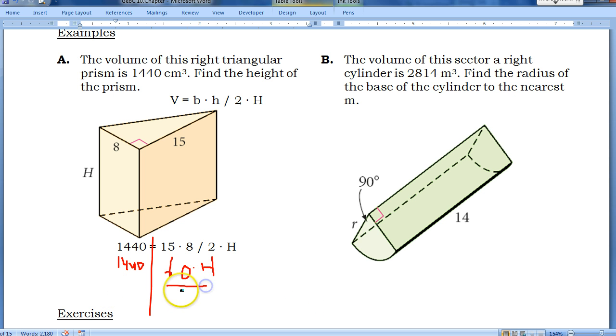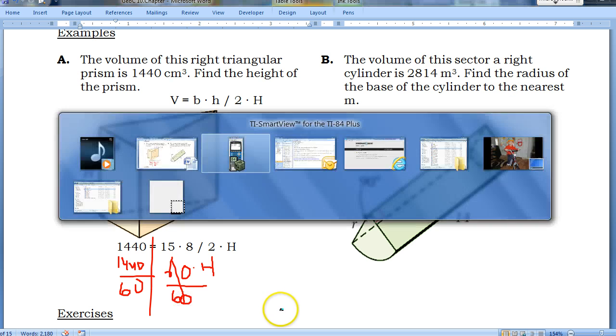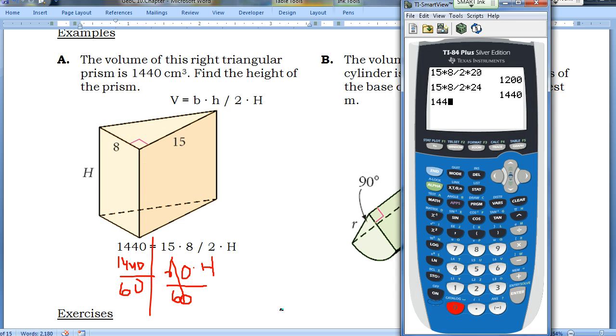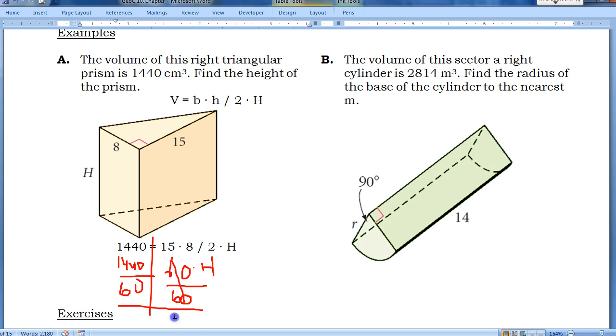So now I want to divide both sides of my equation by 60. And I got the same answer, h equals 24. So whether you want to do guess and check or you want to solve the equation, we get the same answer, h is 24. We'll try doing another example.